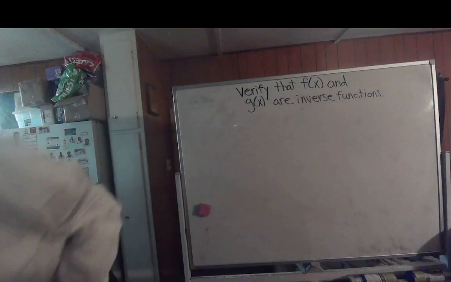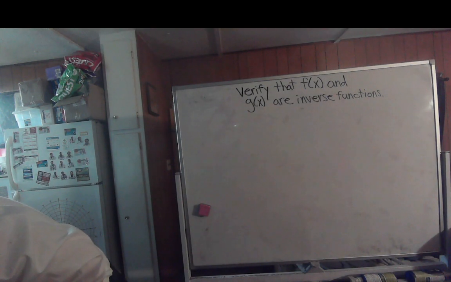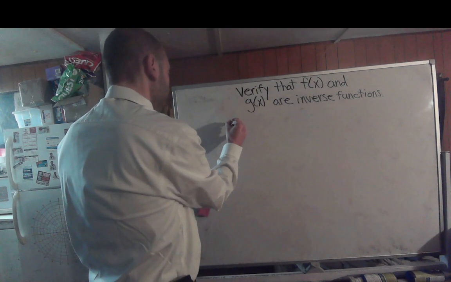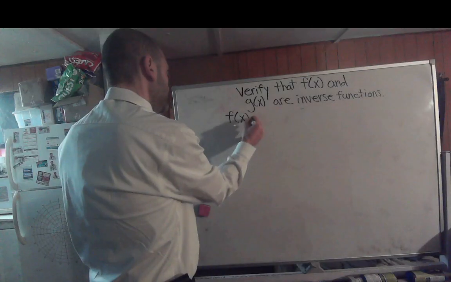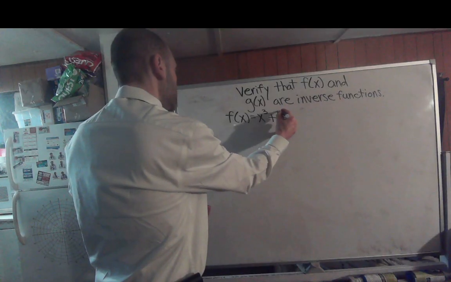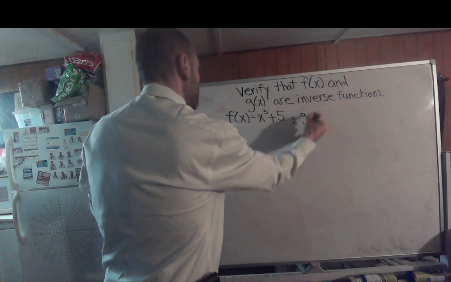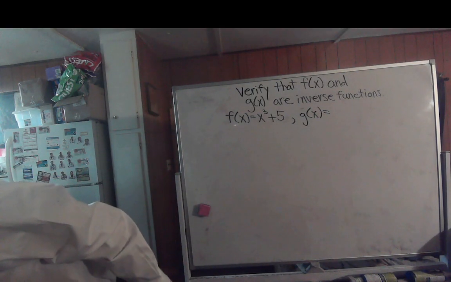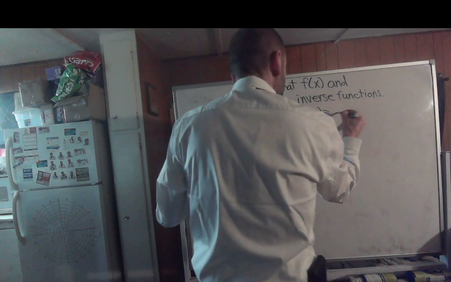But let's do a couple more of these. Alright, f of x equals x cubed plus 5. G of x equals the cube root of x minus 5.